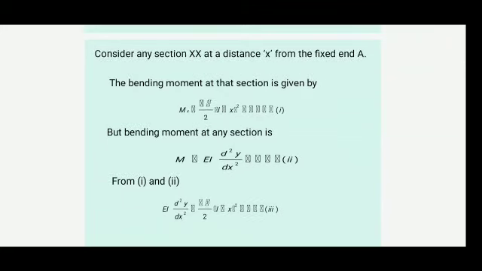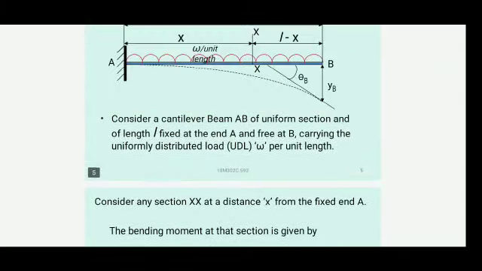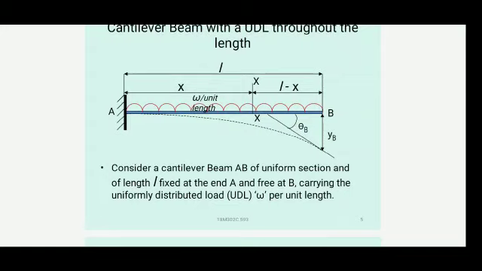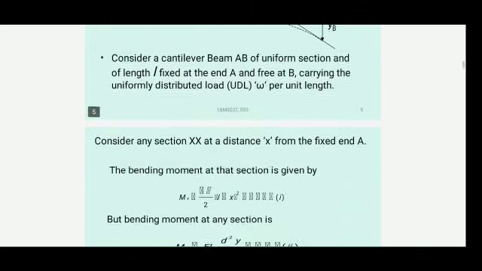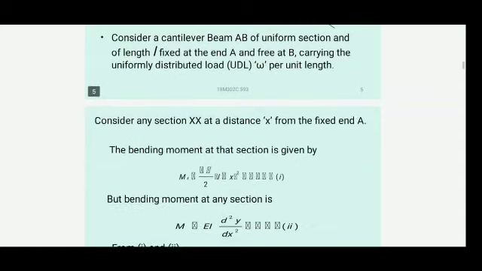Consider any section XX at a distance x from the fixed end A, shown in the figure.